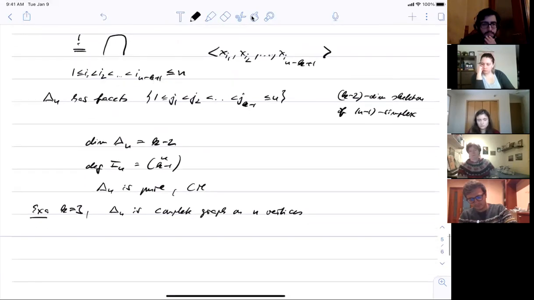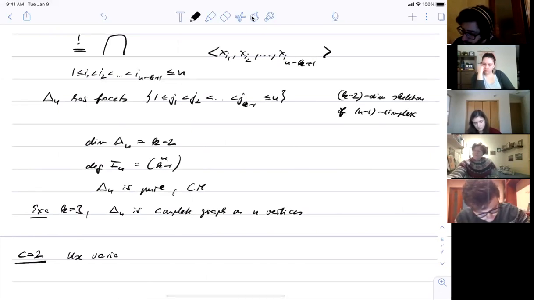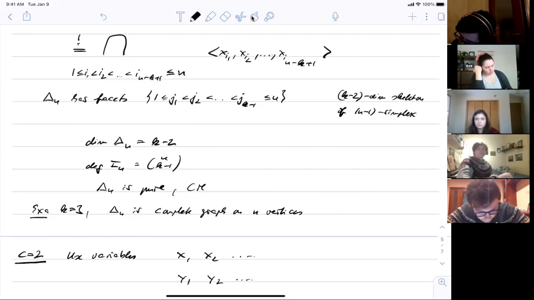So let's make it more interesting. Let's consider c equals 2. So we have 2 rows of variables, and to simplify my notation, let me denote the variables in row 1 by x1, x2, and the variables in row 2 by y1, y2, and so on.